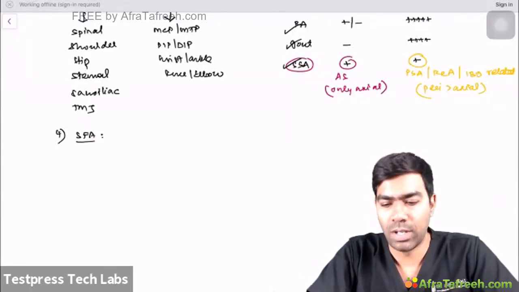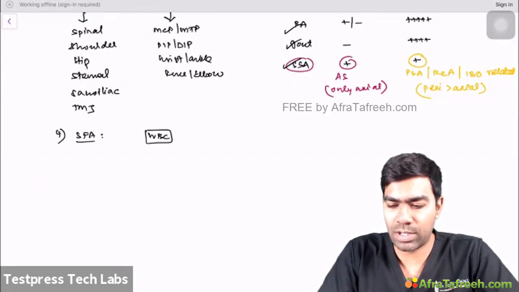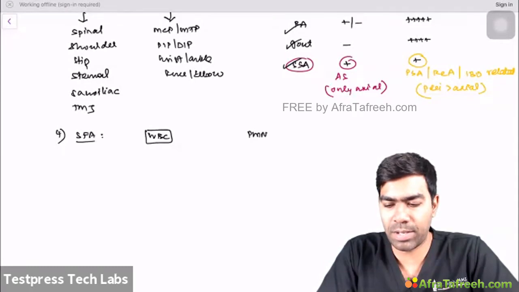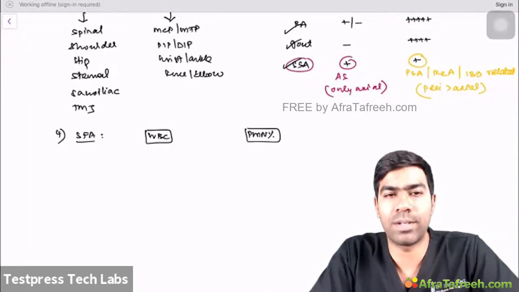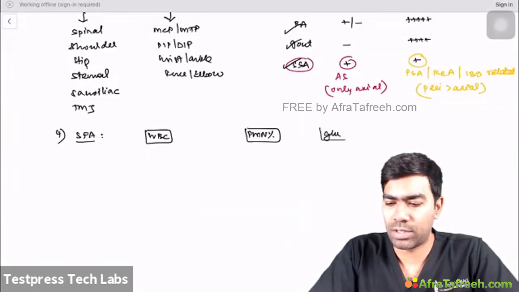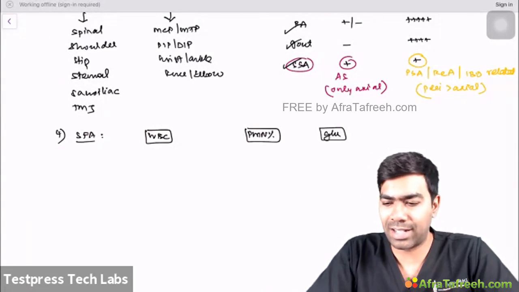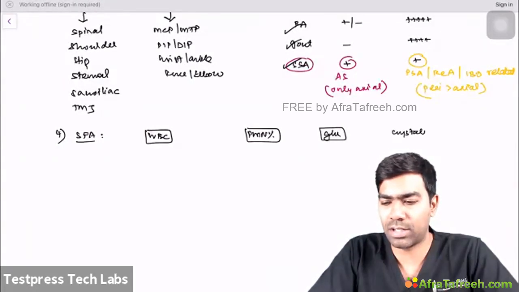What is the type of fluid that you see? I can write the WBC count here, and the differential count, or the PMN percentage, the neutrophil percentage, then the glucose levels, and finally, whether there are any additional findings like crystals that you can see in the synovial fluid.